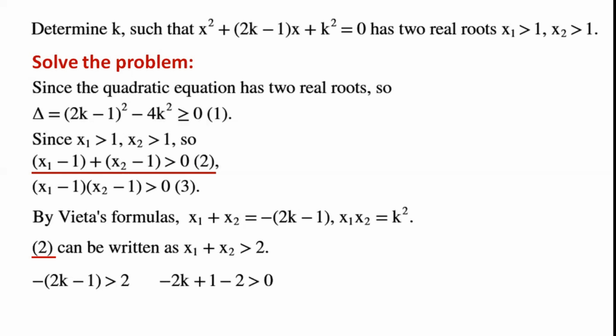By rearranging the inequality, we have minus 2k plus 1 minus 2 is greater than 0. By simplifying the inequality, we have 2k is less than minus 1, so k is less than minus a half.